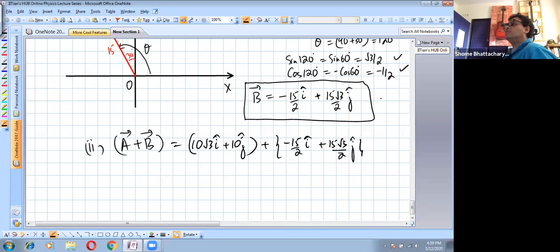So it is just algebra. Make sure that you don't make a mistake of sign. So this is 10 root 3 minus 15 by 2 i cap plus 10 plus 15 root 3 by 2.